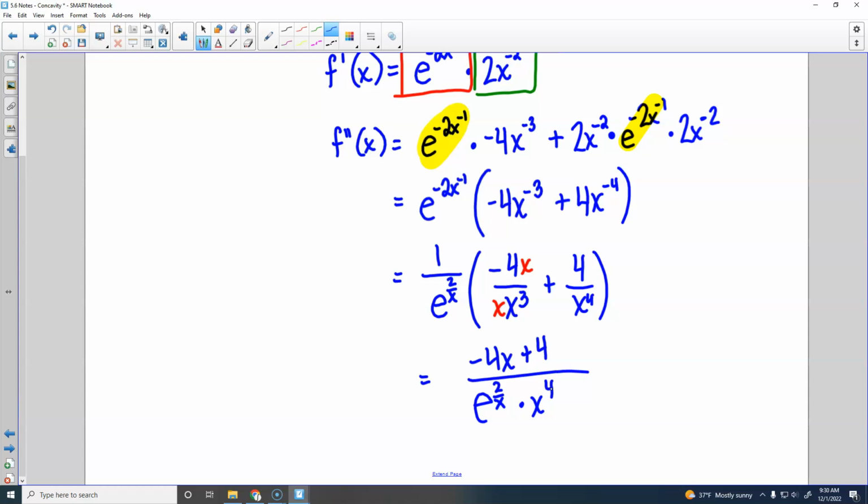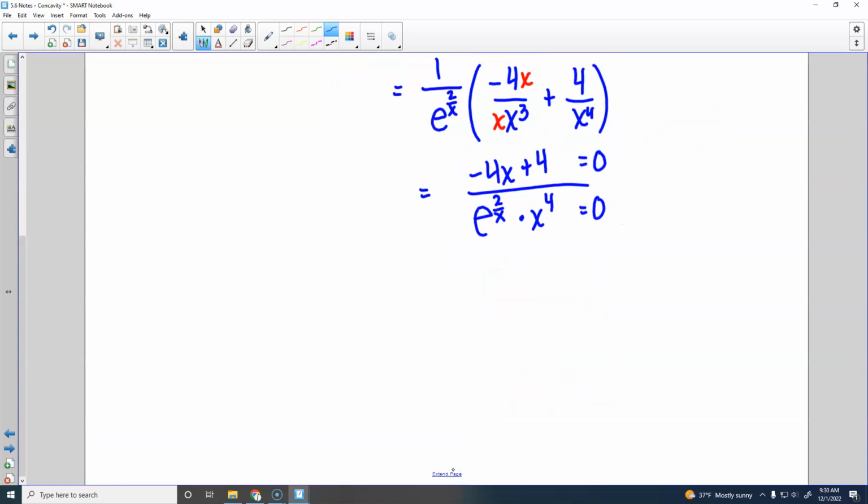And so for this, we want to know where numerator and denominator are equal to 0. And so we'll have negative 4x plus 4 equals 0. That's going to be 4 equals 4x. So we get 1 there.